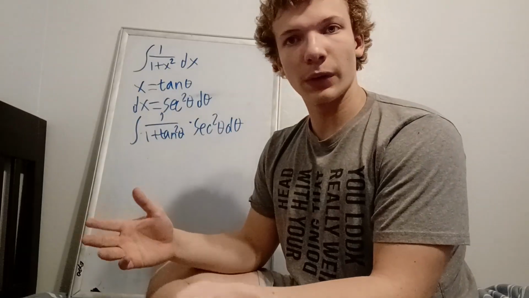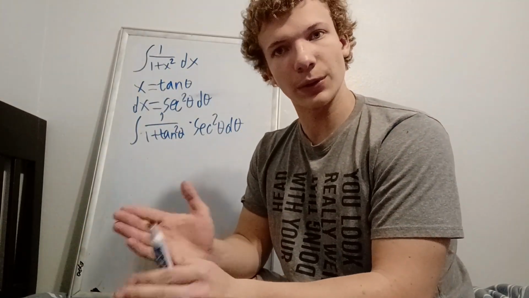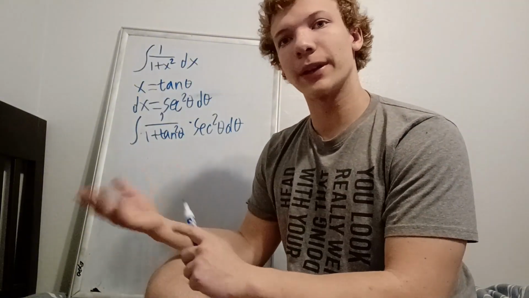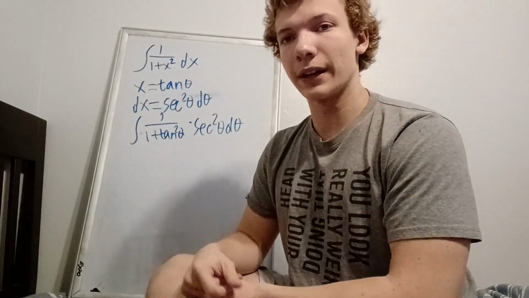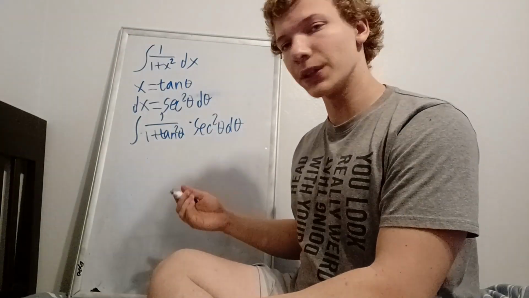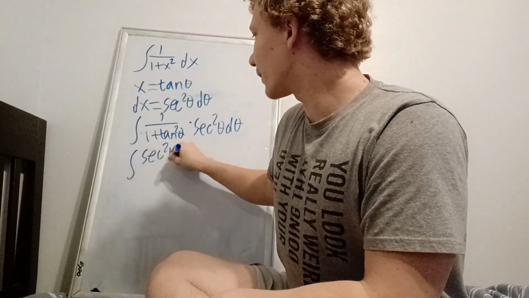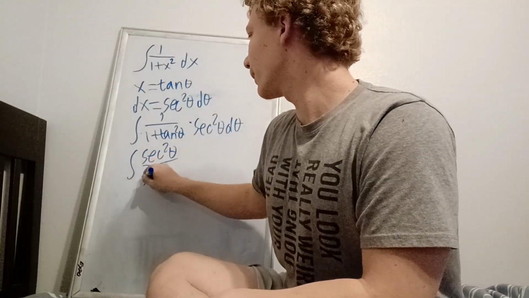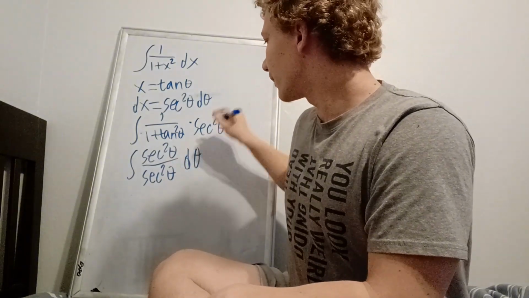Now, if you don't know all three of them, I would suggest just looking at the sine squared plus cosine squared equals 1 and dividing by sine squared or dividing by cosine squared and seeing what you end up with. You'll see very easily why this identity is true, that 1 plus tangent squared must equal secant squared. What that means is that our new integral is going to look like this, secant squared over secant squared d theta.